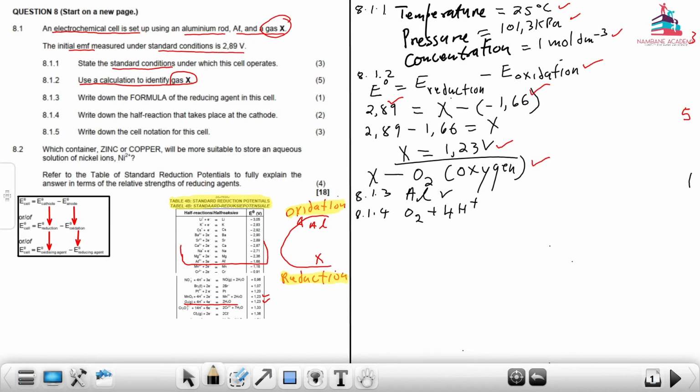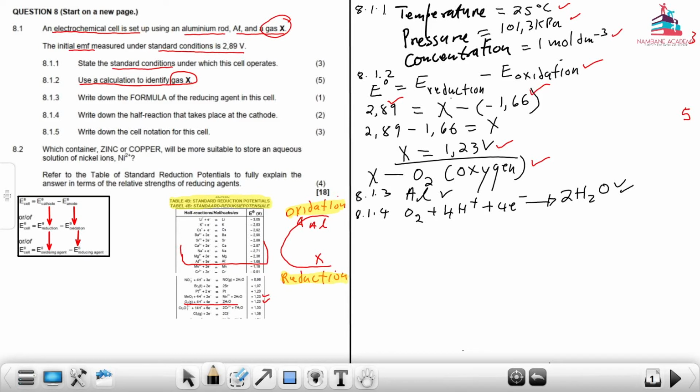Then we can just write our half reduction that we found in the table, which is O2 plus 4H plus 4 electrons, one arrow, gives us 2H2O. So this becomes our reduction half cell. With this being said, everything now becomes nice and easy because the question that follows thereafter says write down the cell notation.